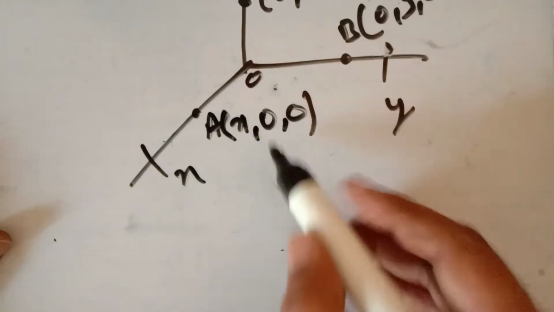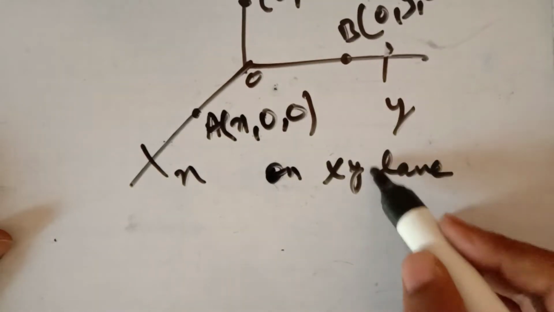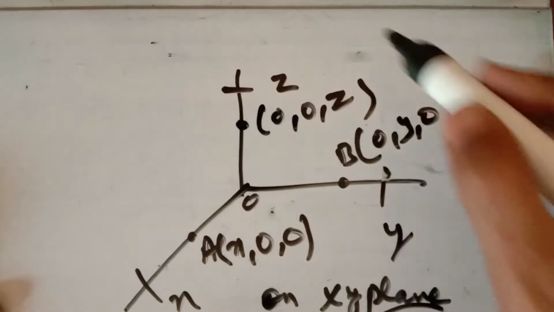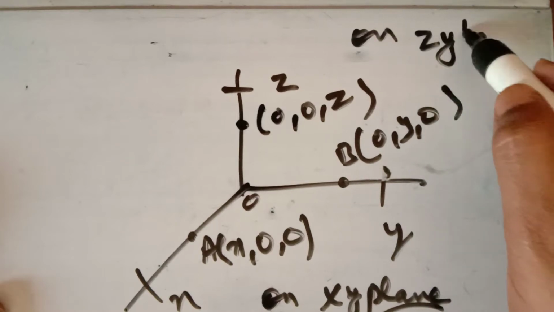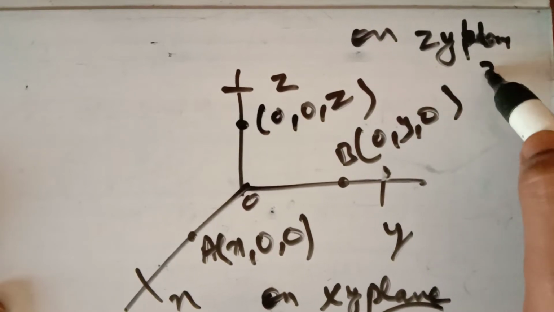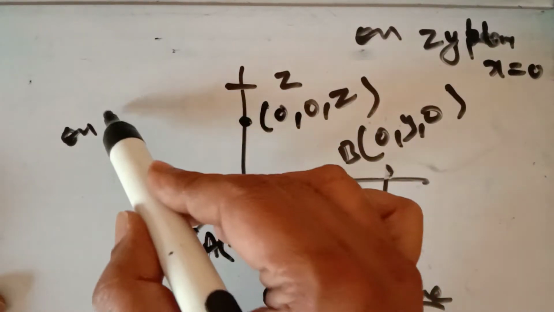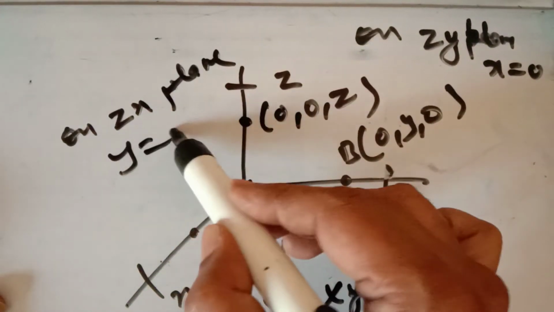Similarly, in the XOY plane the value of z will be equal to 0. Similarly on the ZY plane, the value of x will be 0, and on the XZ plane the value of y will be equal to 0.